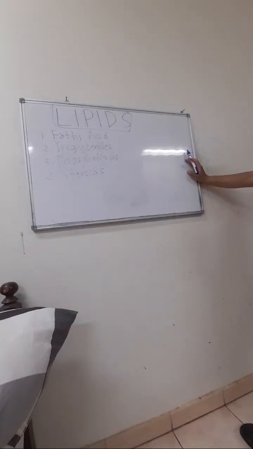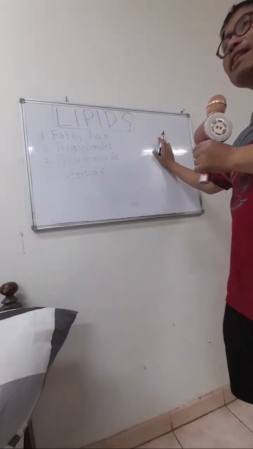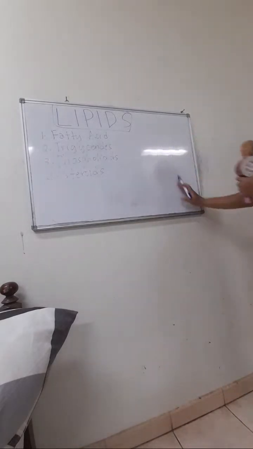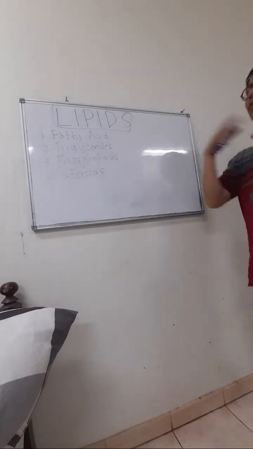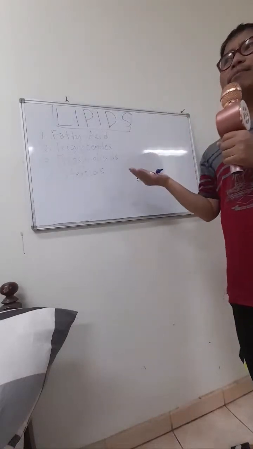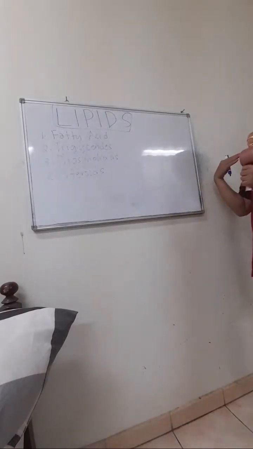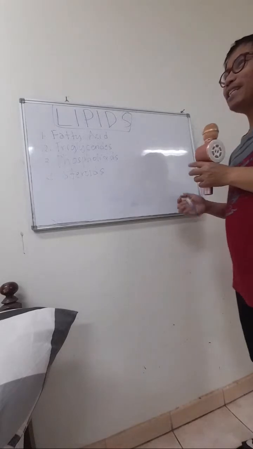There are so many enzymes to catalyze the metabolic reactions. For example, the amylase enzyme breaks down starch into glucose, but that is not related to lipids. What I'm trying to emphasize is that there are a lot of enzymes as producers or synthesizers in the metabolism of different macromolecules inside our body.